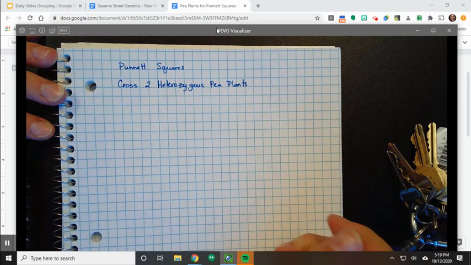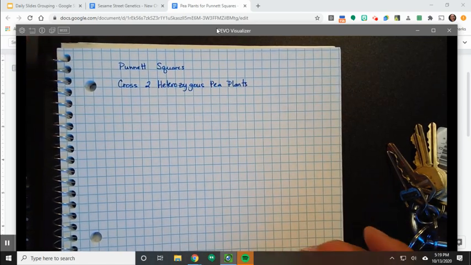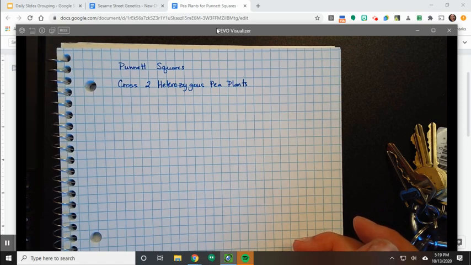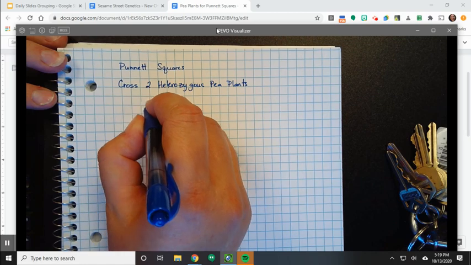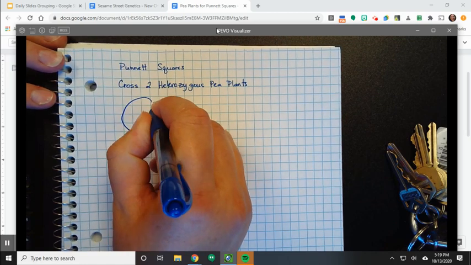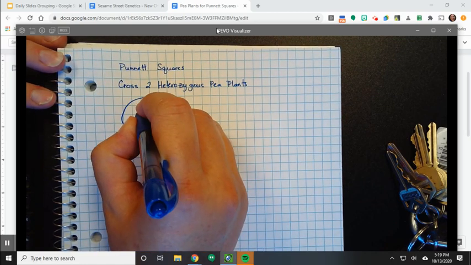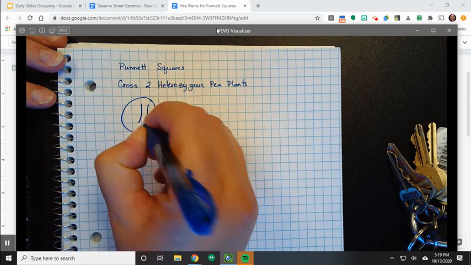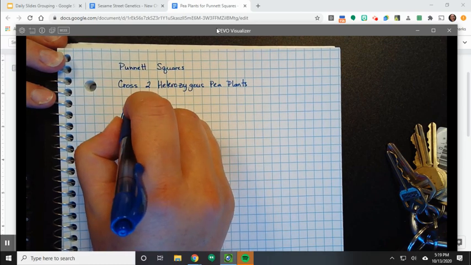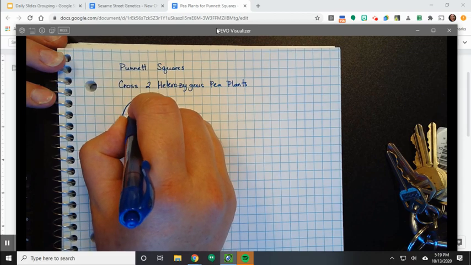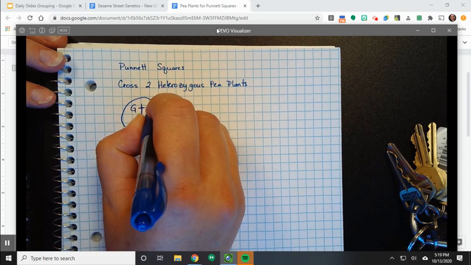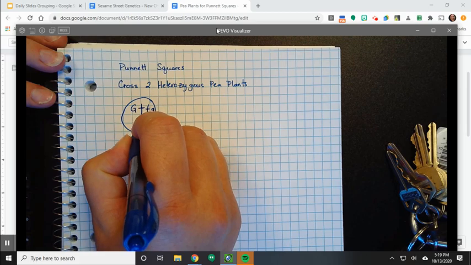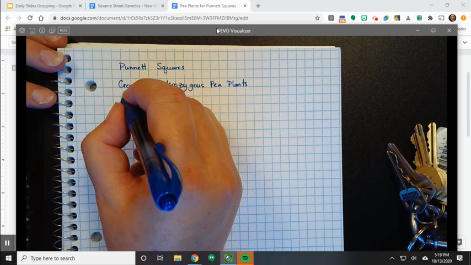So I'm going to show you what it might look like if we cross 2 heterozygous pea plants when we're talking about pod color. So we could have pea plant number 1 right here with chromosome 5, 2 copies of it. Here is a big G, and there's a little g. And so this is chromosome 5. So let's say this is the mom.